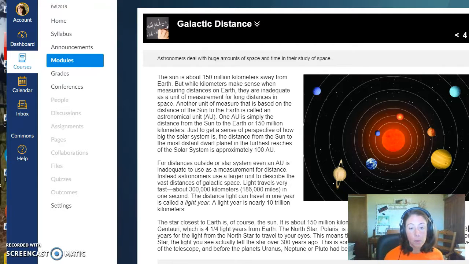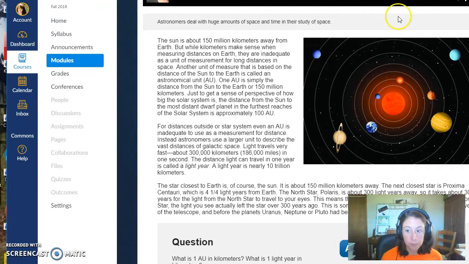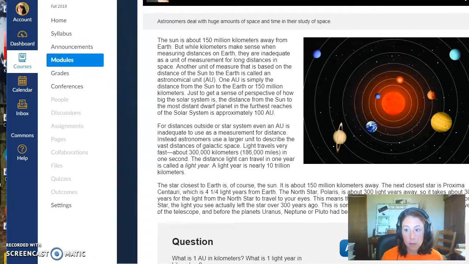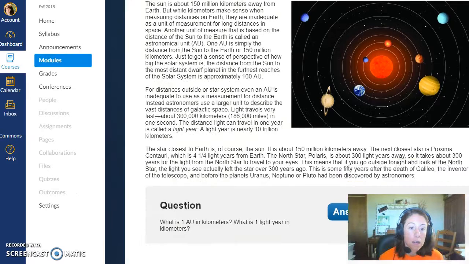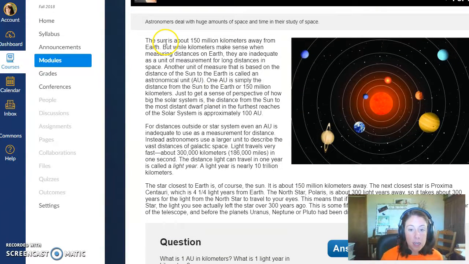All right, so when we get to the next page here, let me scoot my text over a little bit. There's a couple of things that you need to take away from this page at the minimum, okay? Of course you can write down more in terms of your notes, but this is just the minimum things that I think you need to write down. You need to know what an astronomical unit is, what an AU is.